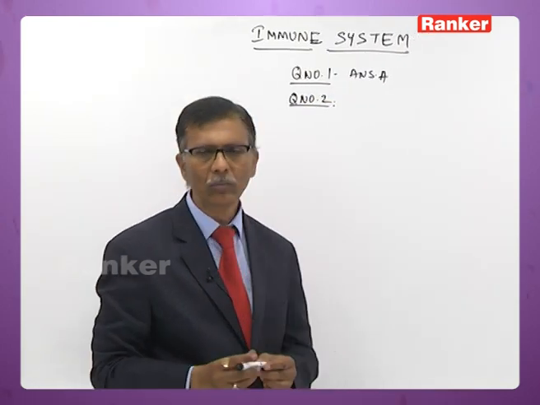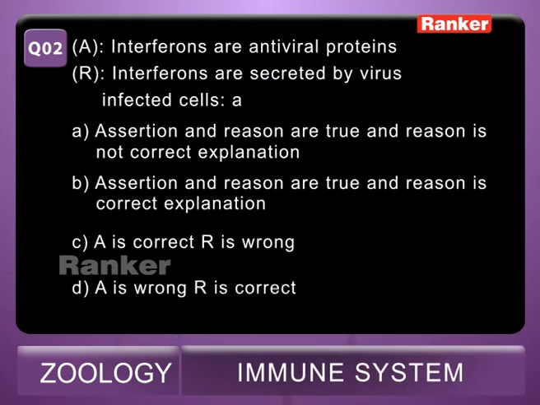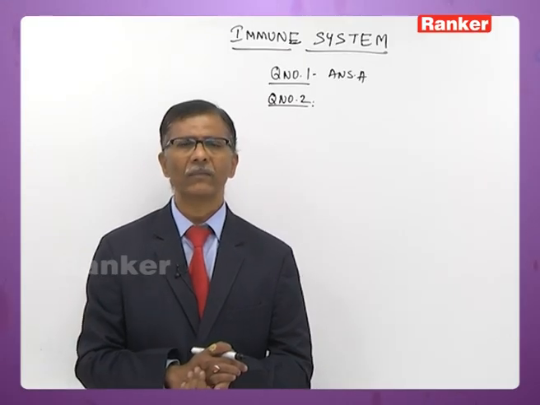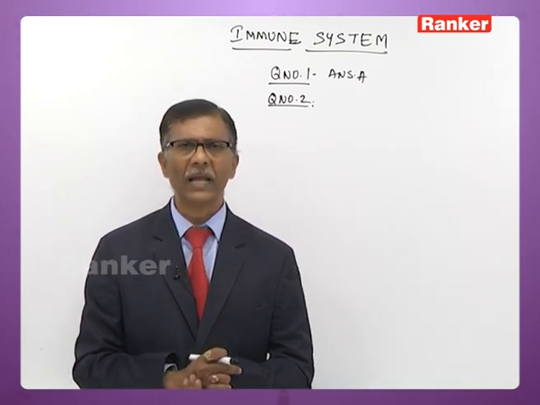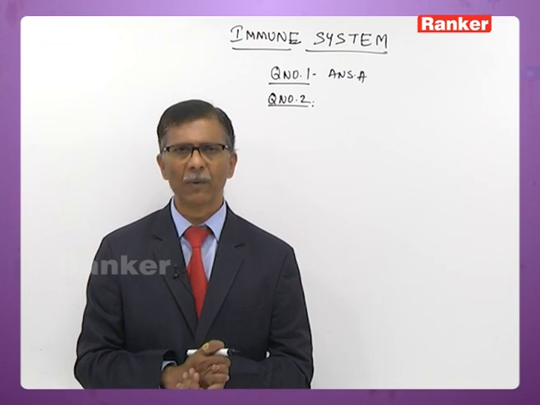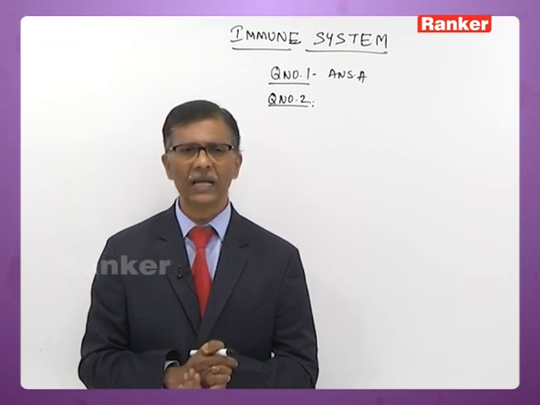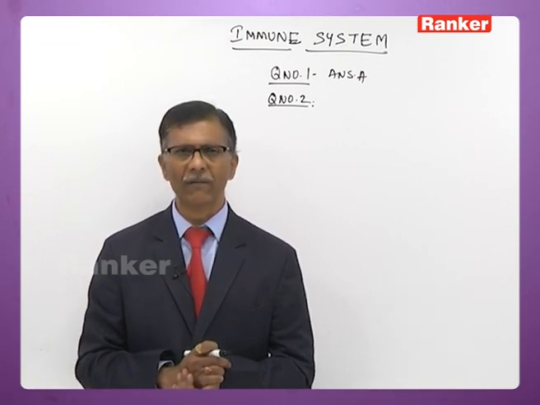Now question number 2, assertion: Interferons are antiviral proteins. Reason: Interferons are secreted by virus infected cells. In the human body, T lymphocytes or any nucleated cell, when invaded by a virus, secrete certain proteins known as interferons.